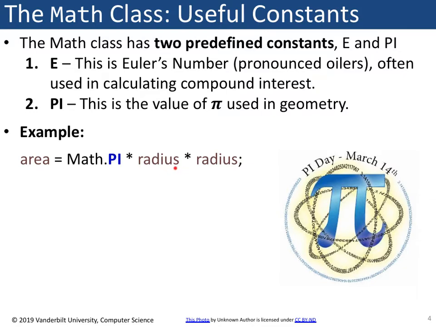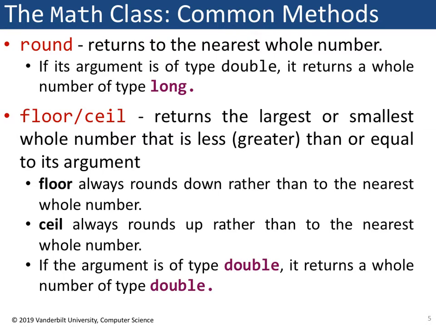We've mentioned several times that doing integer division or typecasting a double to an integer truncates. It does not round. If you wish to round a number in Java, the math class has a method which may be used for rounding. So if the argument is of type double, it returns a whole number of type long.